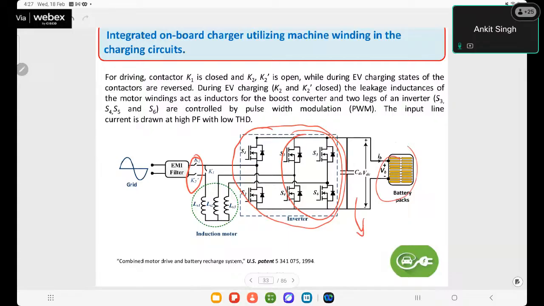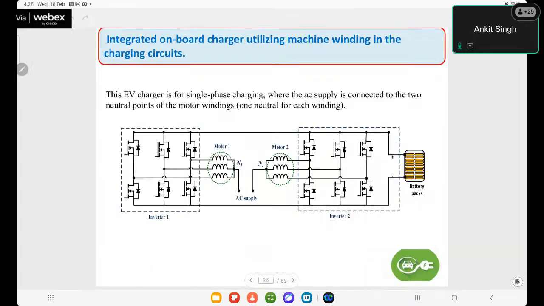There may be a chance that in the DC link battery there will be DC to DC converters also. During the charging, these motor windings will act as energy storage, and during propulsion operation, the motor windings generate the revolving flux in the machine, so this switch will be closed and K2 and K2 dash will be open.